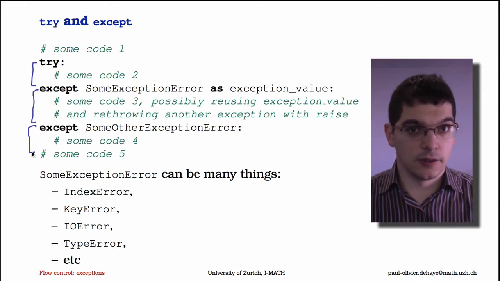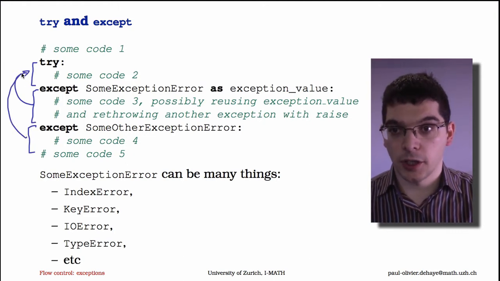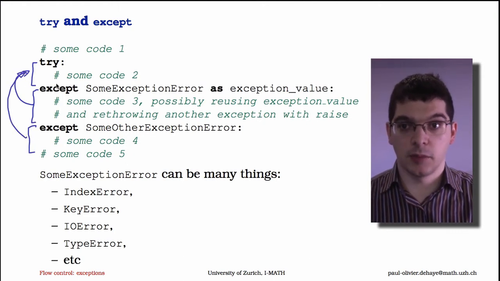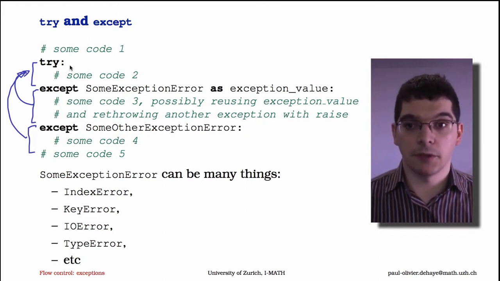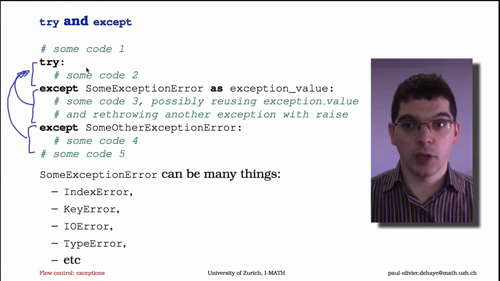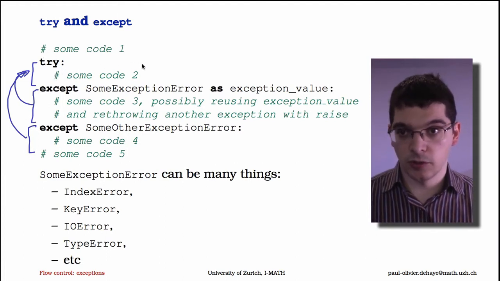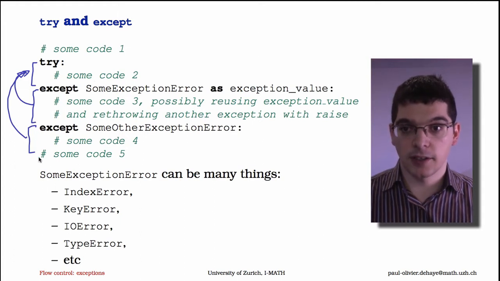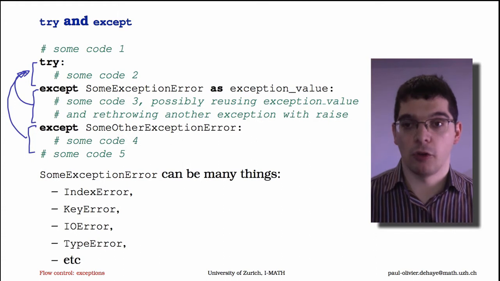So in the diagrams that I was drawing in the previous slides, those 2 blocks are watching this block here. Okay, so if everything is peachy and everything happens fine in some code 2, then what actually happens is some code 1 is executed, then some code 2, then those things are never executed, and you jump right away to some code 5. Okay, so that's normal operation.